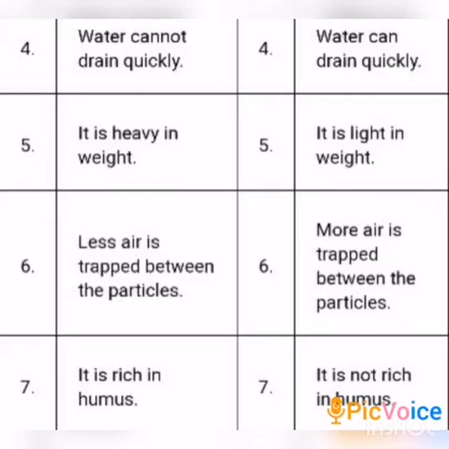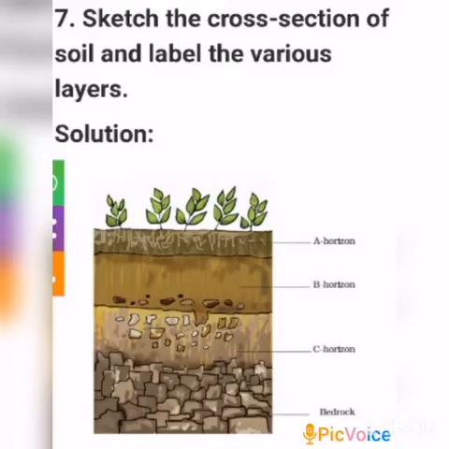Write it, children. Seventh question: sketch the cross section of the soil and label the various layers. Look at the picture, children. This picture shows the cross section of the soil, or soil profile.